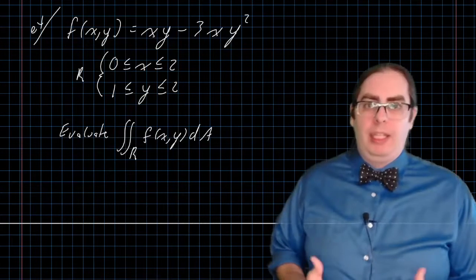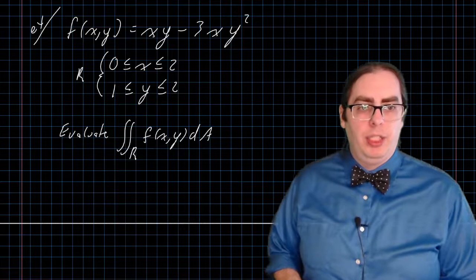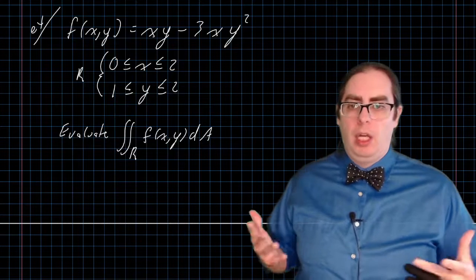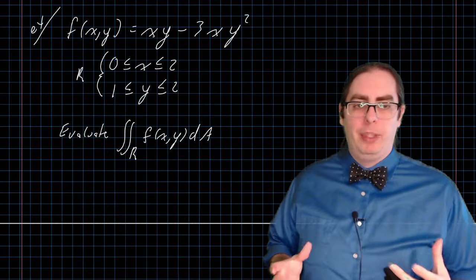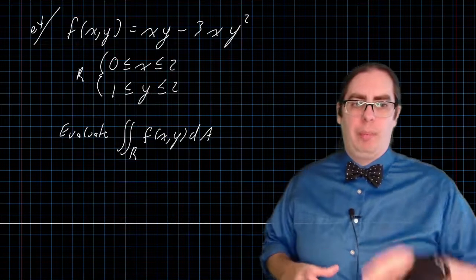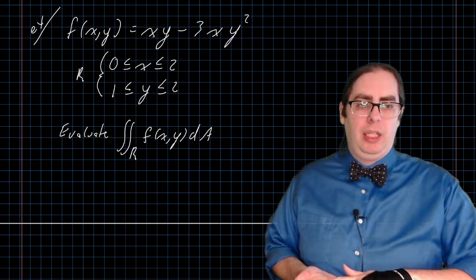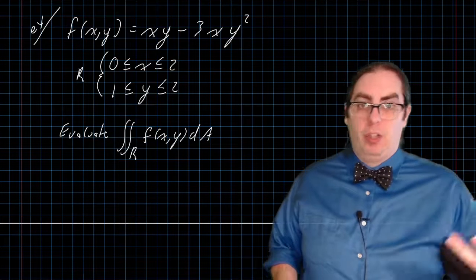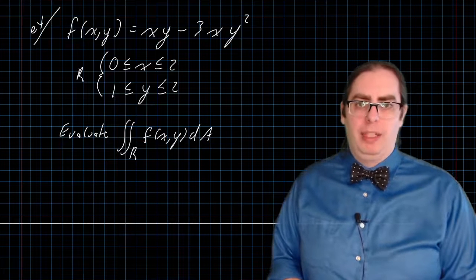Again, if you like the physical interpretation, this is looking for the volume of the three-dimensional object, which is bounded by this region in the xy plane, bounded below by the xy plane, and bounded above by the surface z equals f of x and y.